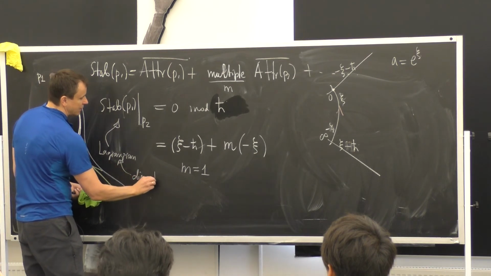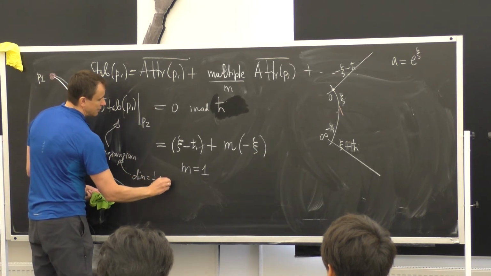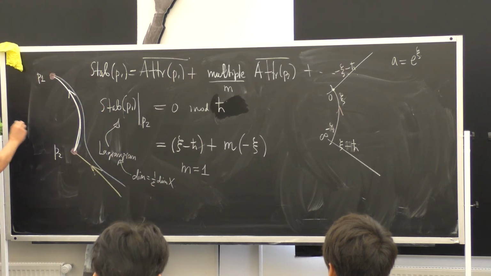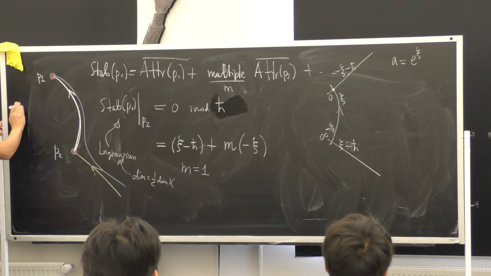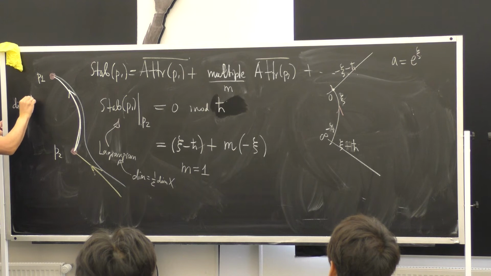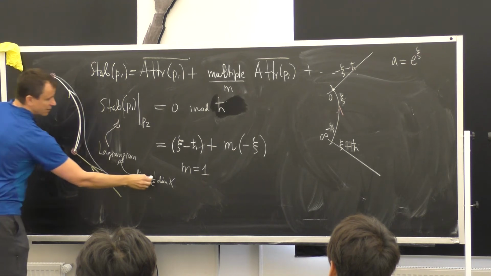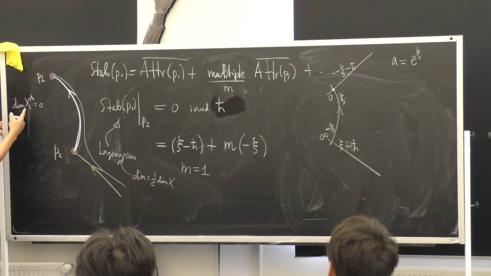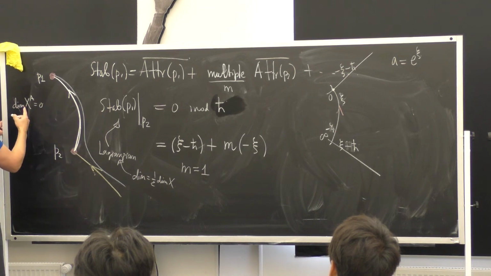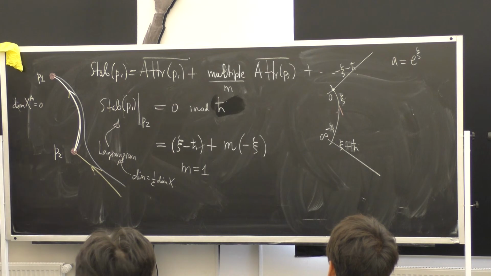Let's assume for the sake of argument that the dimension is half the dimension of X. In general, it's a Lagrangian in the product of X and the fixed locus, so its dimension is the average of the dimension of this and that, but for the sake of the argument, assume this.